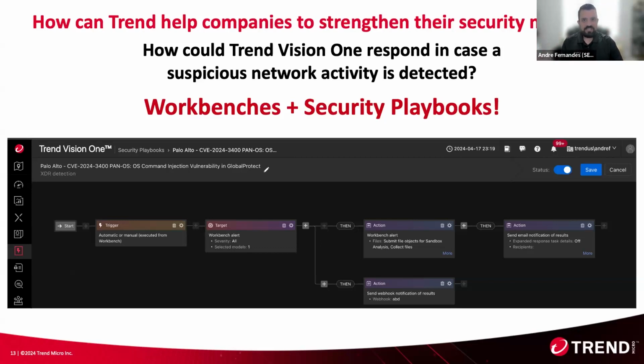As you can see here, the first tag, in terms of action, every time we have a possible detection, a possible attack targeting the Palo Alto appliance, you will find the ability, again using the secured playbooks, to submit the file objects for sandbox, or even collect the URLs and have those URLs analyzed by our sandbox module.